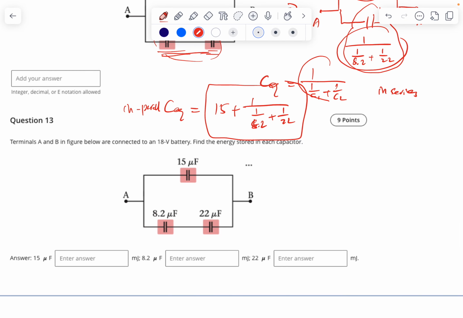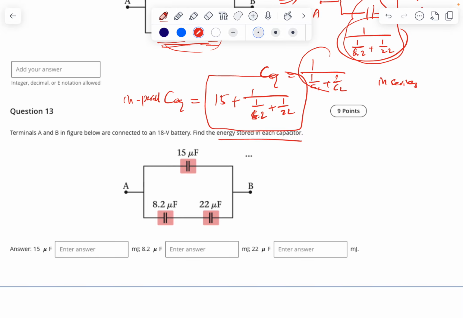Number 13. Terminals A and B in the figure below are connected to an 18 volt battery. Find the energy stored in each capacitor. This problem and the previous one are similar, it's the same figure. Then you figure out the energy stored in each capacitor.